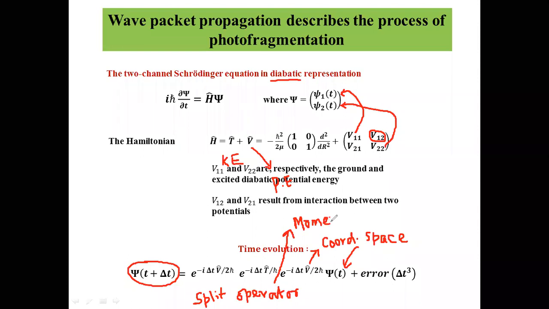This is a little bit new to you guys. So before multiplying this operator, I have to convert from coordinate space to momentum space, and then I can multiply this. This is done by Fourier transform.